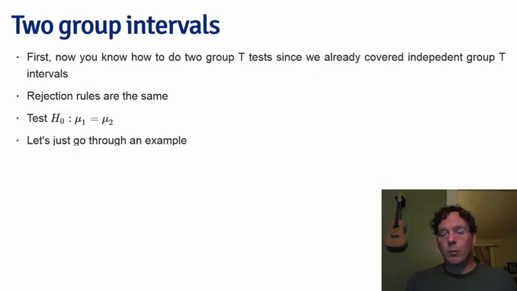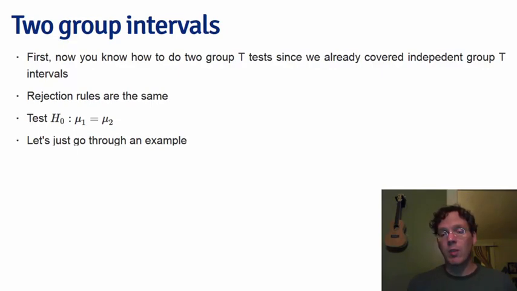Now, with all the infrastructure that we have in place, both understanding confidence intervals and understanding hypothesis tests for one group, two group intervals should be a very minor extension of what we're doing. Basically, the rejection rules are the same, and we now want to test whether or not the mean for one group is equal to the mean for another group.